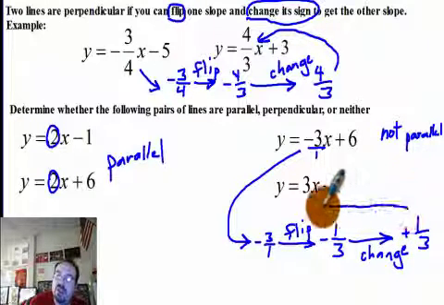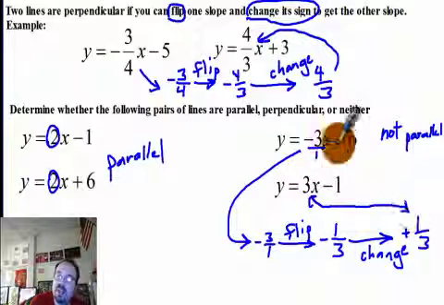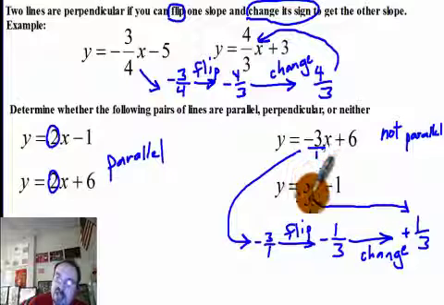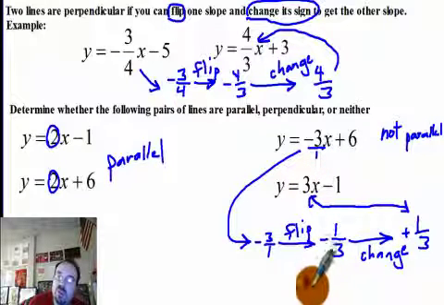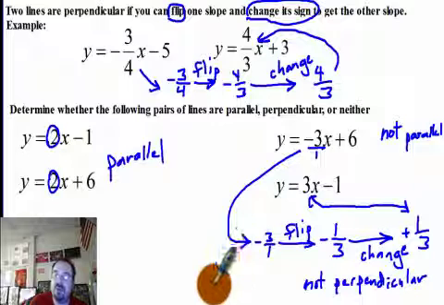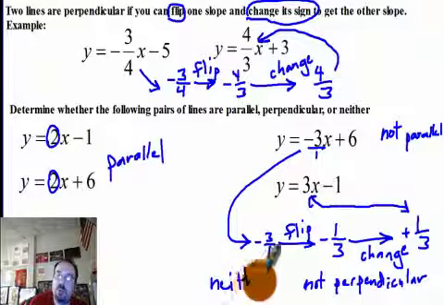Well, that's not what this number is. So flipping and changing the sign of the first one did not give me the slope of the second one, so this is not perpendicular. So because it's not parallel and it's not perpendicular, you would just say neither. So that one is neither parallel nor perpendicular.